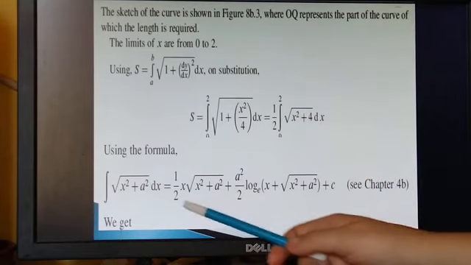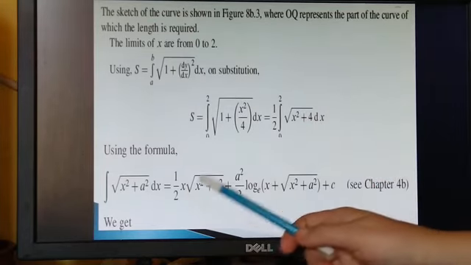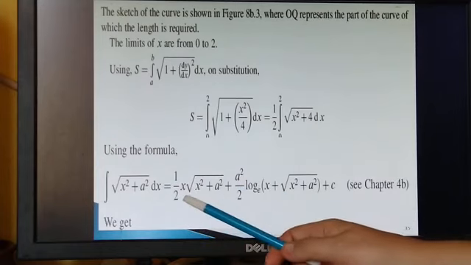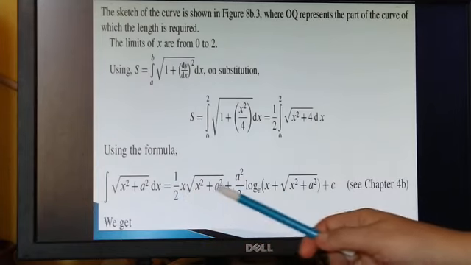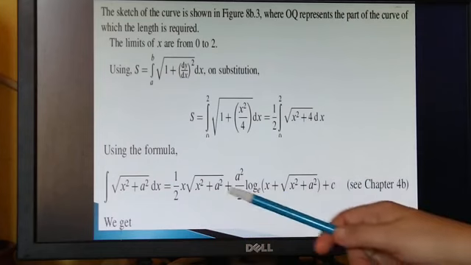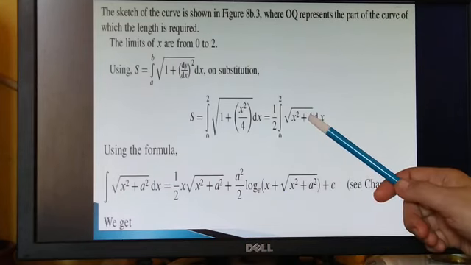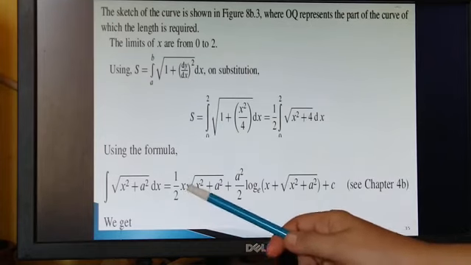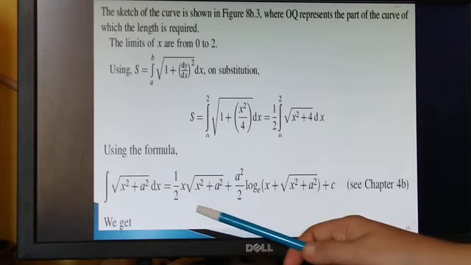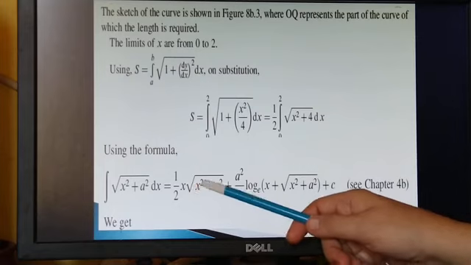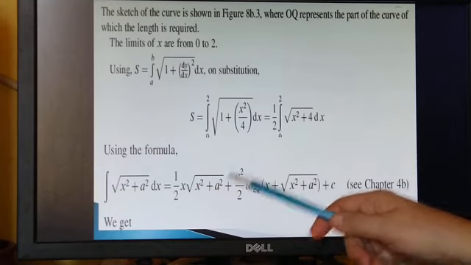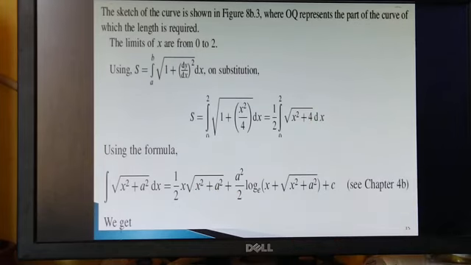By using the definite integral formula, we have 1 over 2 times x times the square root of x² plus a², where a is equal to 2. This is in chapter 4, actually this is calculus 1.